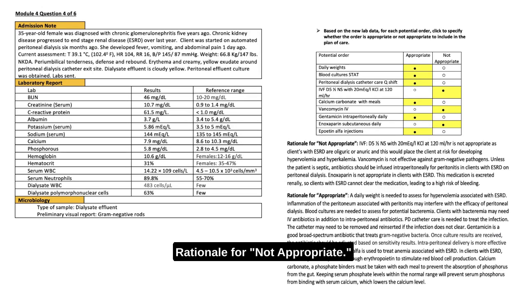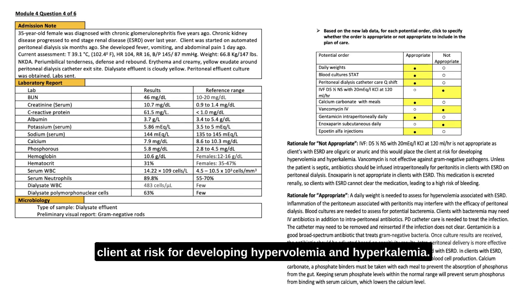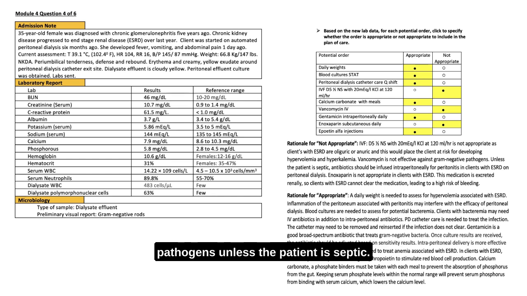Rationale for not appropriate: IVF D5 1/2 normal saline with 20 milliequivalent per liter potassium chloride at 120 milliliters per hour is not appropriate as clients with ESRD are oliguric or anuric, and this would place the client at risk for developing hypervolemia and hyperkalemia. Vancomycin is not effective against gram-negative pathogens.